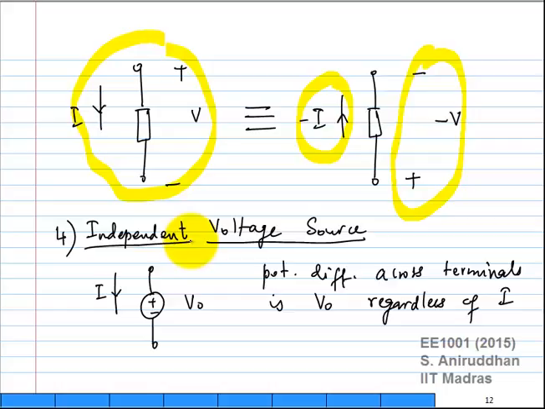An ideal independent voltage source is one which is able to maintain the voltage across it regardless of the current that flows through it. If I take an ideal 10 volt voltage source, it doesn't matter whether I draw 1 milliamp, 1 ampere, 1000 amperes, it will always maintain a potential difference of 10 volts across it. That is the definition of an ideal voltage source.